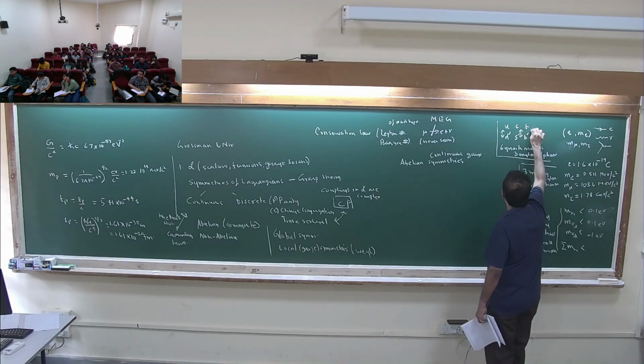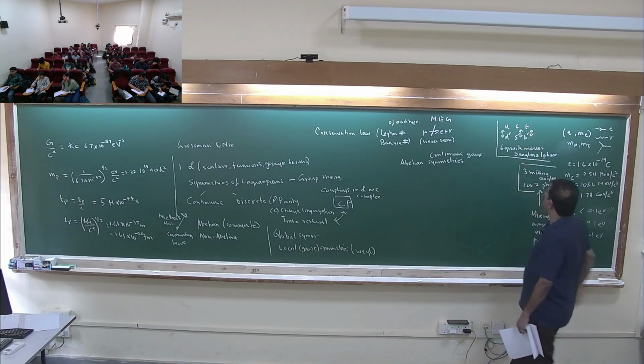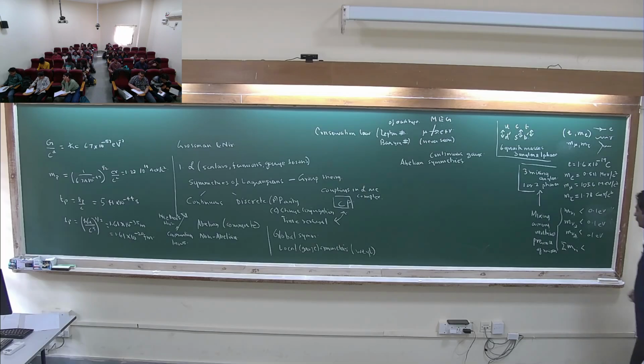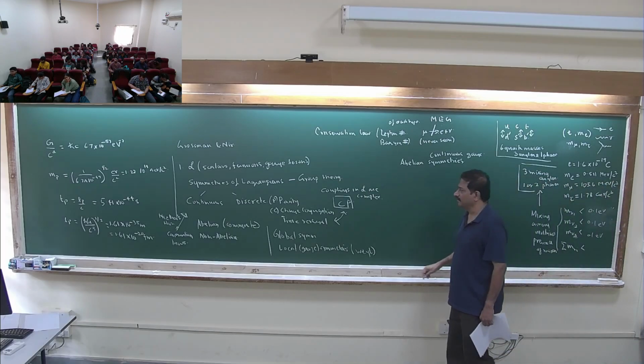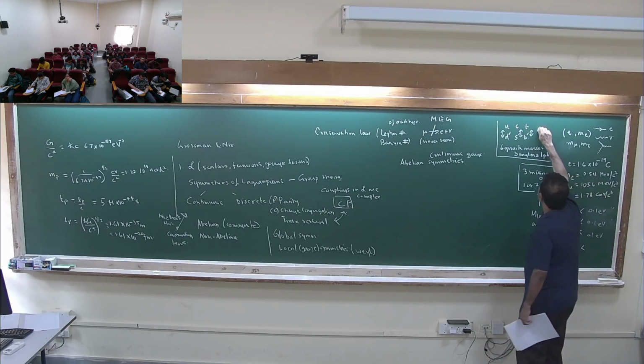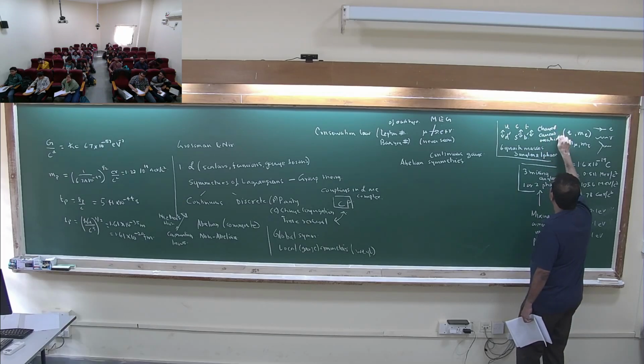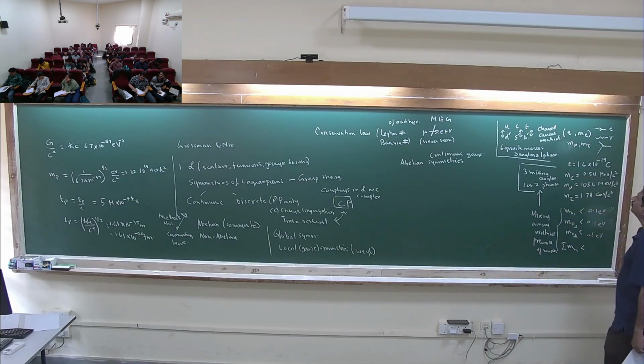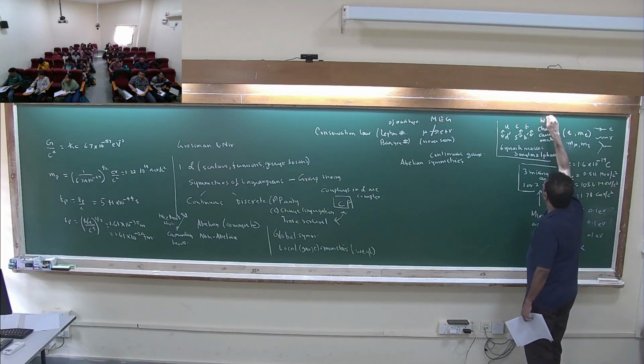And what are these transitions due to? These transitions are due to the weak interactions, right? This is what you people have learned in your previous courses. So this is the charged current weak interaction, which is transmitted by the W plus.